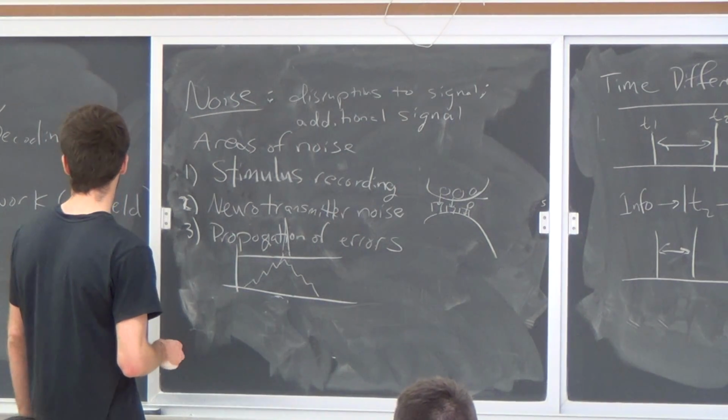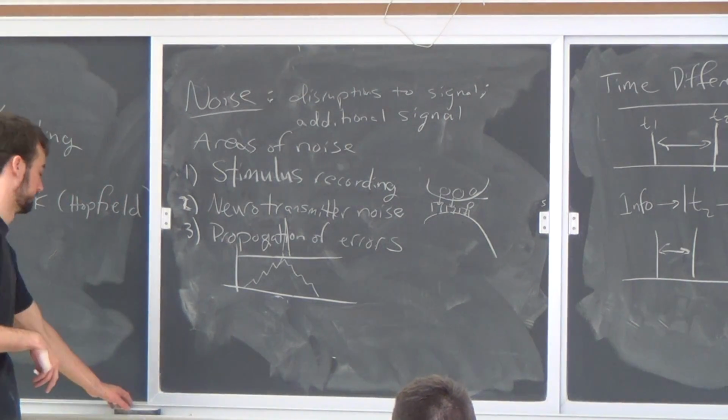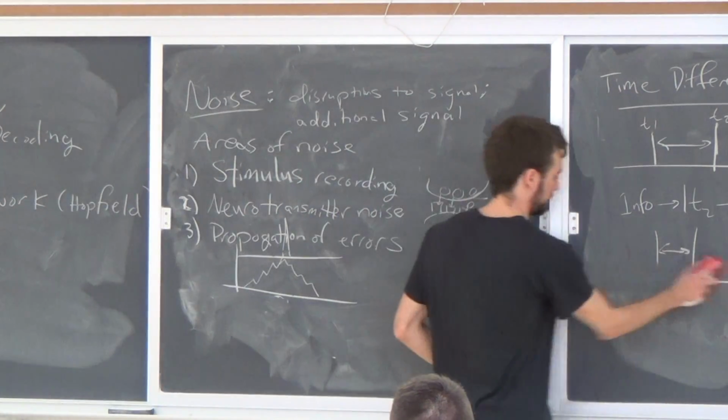So now I just want to get to this idea of stochastic resonance, and then we'll do a little bit of neural networks. So, stochastic resonance, what is that?